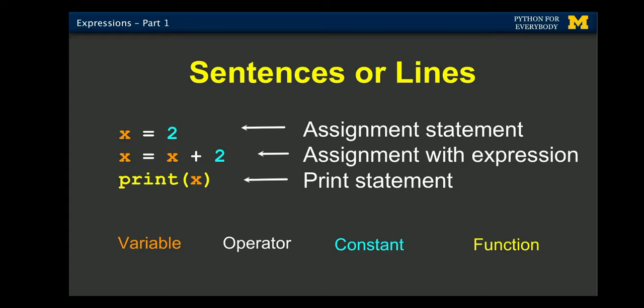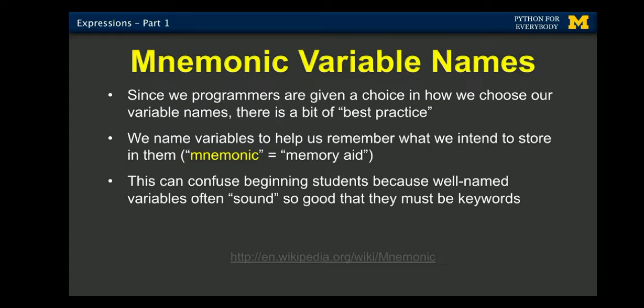Mnemonic variable names. Since we programmers are given a choice in how we name our variables, there is a bit of best practice. We name variables to help us remember what we intend to store in them. It's a memory aid, which is mnemonic. This can confuse beginning students because well named variables often sound so good that they must be a keyword.